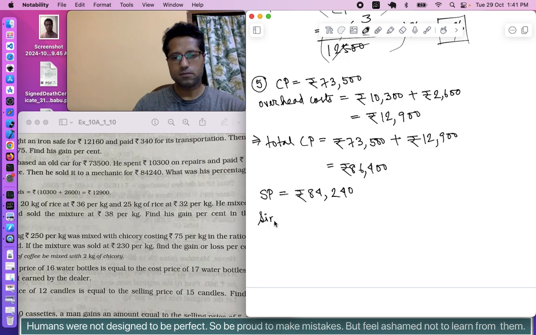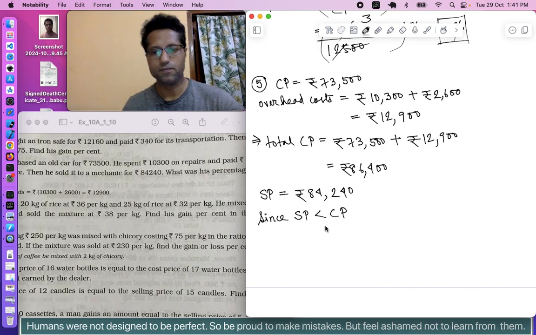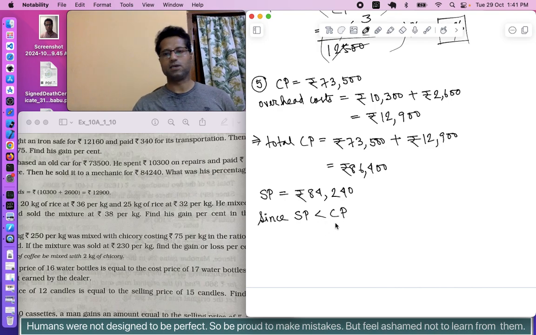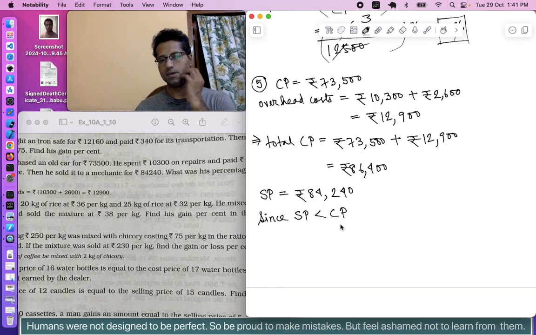Since we can see that the selling price is less than the total cost price, when I say SP is less than CP, by CP I mean the total CP.